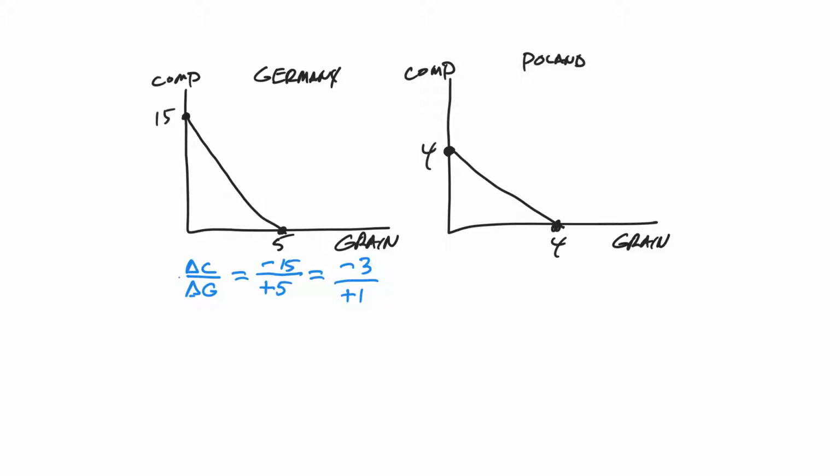Now let's do the same thing for Poland. Change in computers divided by change in grain. If they want to go from 0 units to 4 units of grain, that's a change in grain of 4. And that means they're going to go from 4 down to 0 computers, a change of -4.